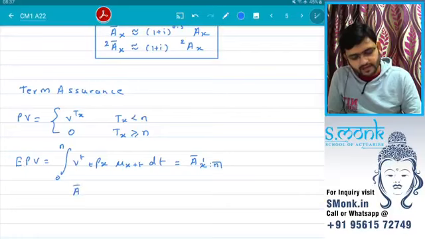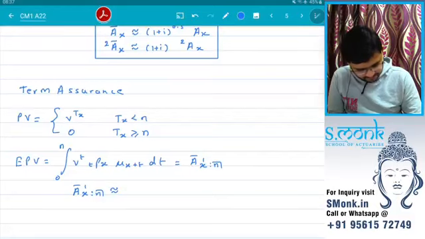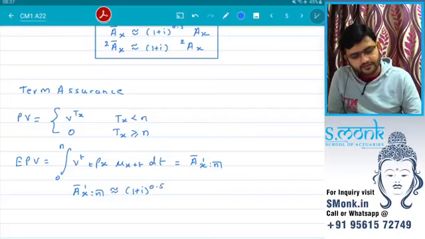And our A bar x:n term can be written approximately as 1 plus i raised to half of A x:n term.